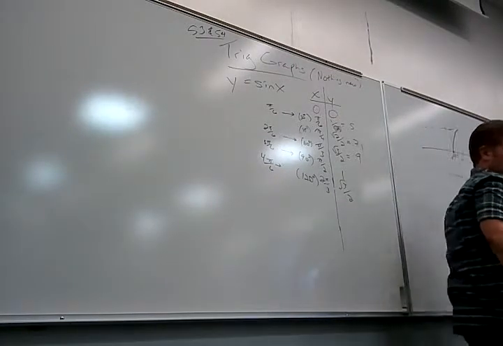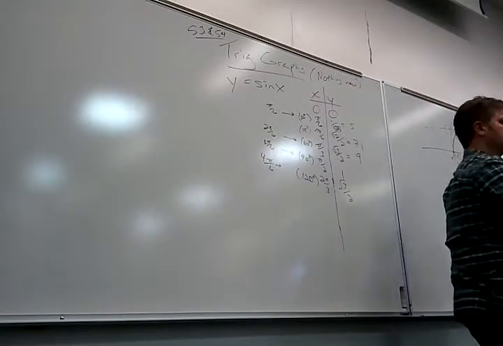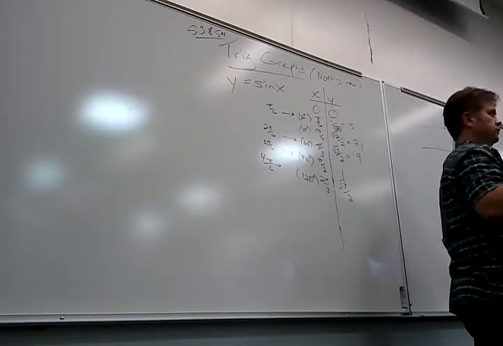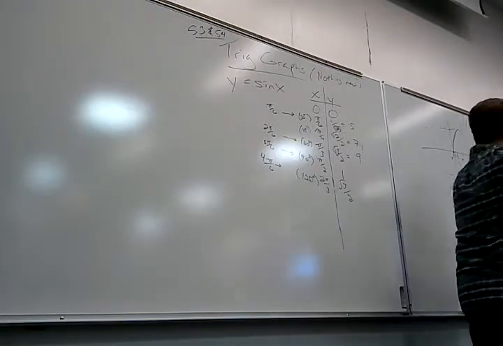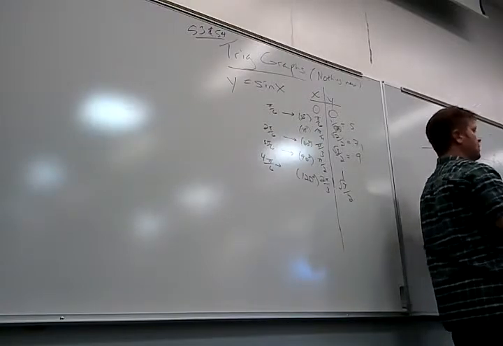So how are we doing with the idea of sine and cosine and what they look like? They're really the same function, just one's been moved over. They're offset from each other by 90 degrees.